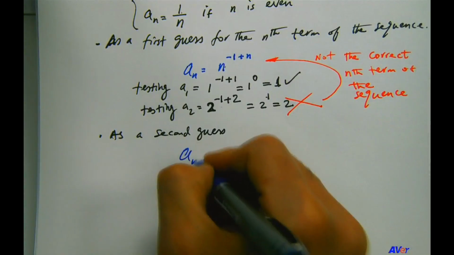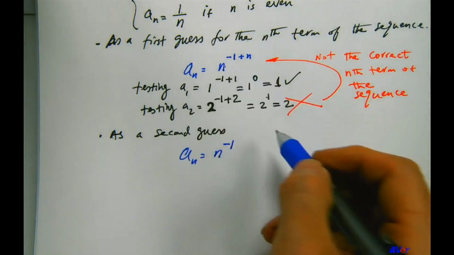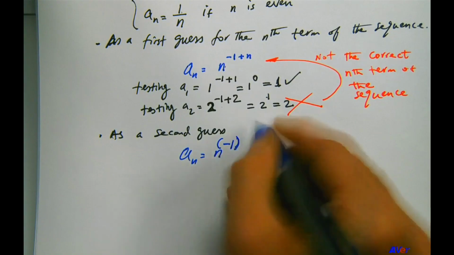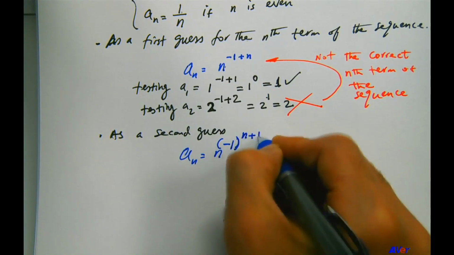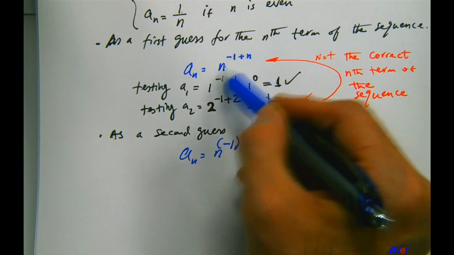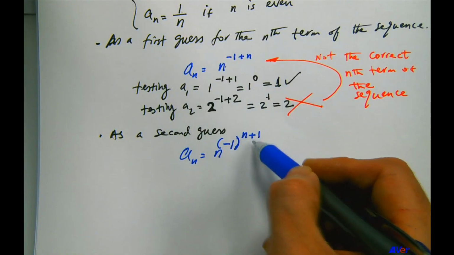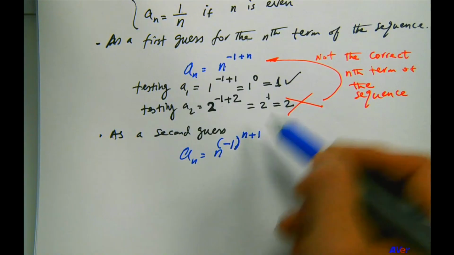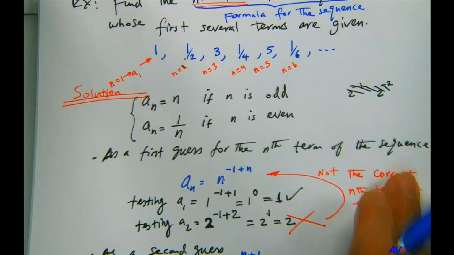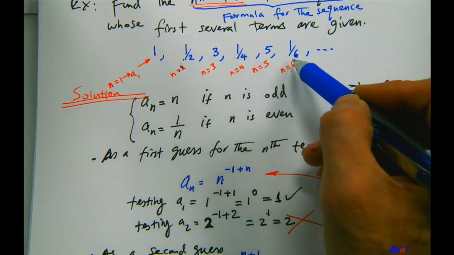So the nth term: n to the minus 1 power. I'm going to keep that, but this time I'm going to raise this to the n plus 1 power. I kept this part, but instead of adding n to it, I'm raising it to n plus 1, because if you notice, for even numbered digits, the second digit, the fourth digit, the sixth digit, we have a fraction.